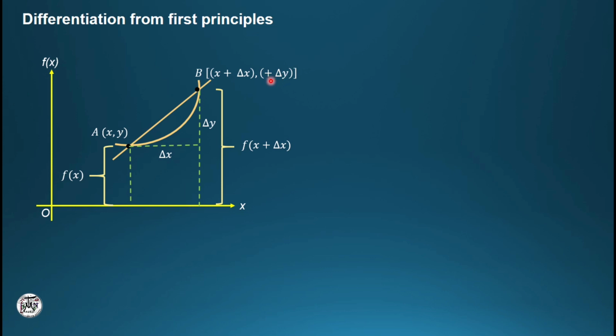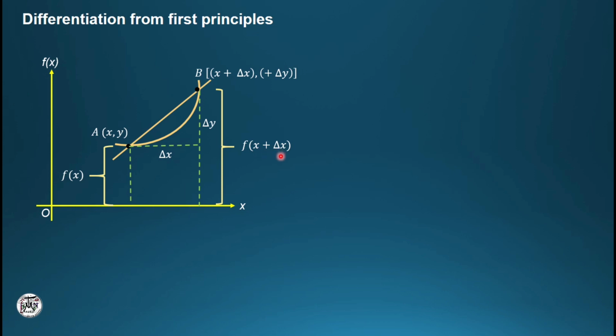That is the coordinate of point B. Here the distance is delta y, then delta x. Then from here, that is f of x, and from here to here is f of x plus delta x.